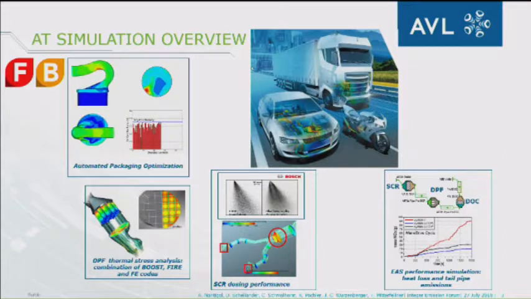We know that we have limited space for placing the catalyst close to the engine, and on the other side, we would like to achieve good uniformity of the flow in order to increase the durability and performance of the system. So this optimization process runs in a loop. On one side, we have CAD data, which is parameterized, let's say the radius of the piping system.